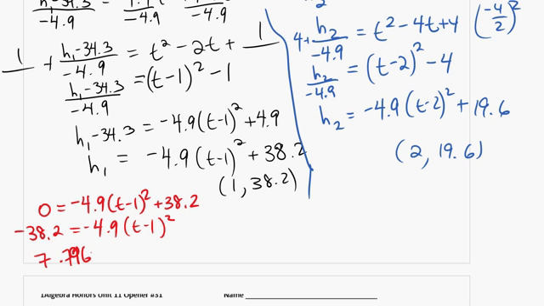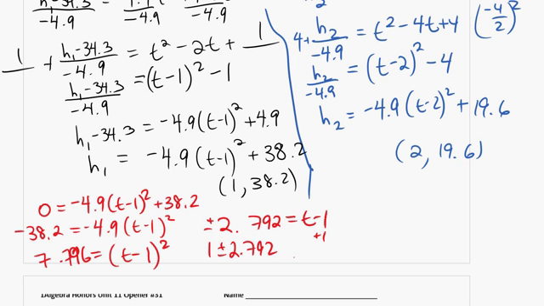Try to round as little as possible. t minus 1 squared. So then I take the square root of that, and I get 2.792 equals t minus 1. Add 1 to both sides. Of course, that's plus and minus. So then I get 1 plus or minus 2.792, which I know the positive is the only one that makes sense, so 3.792 seconds.